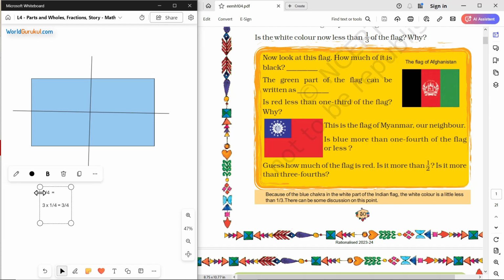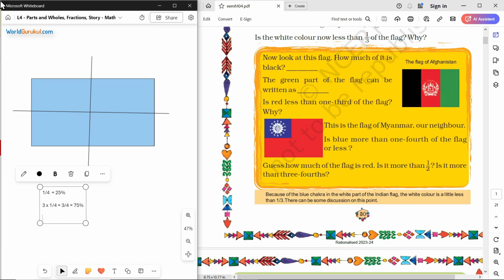So that is 75% we can call. That is 75%. 1/4 is how much percentage? Can you tell? It is 25%. Per cent. Cent means 100, and 25 parts of 100.